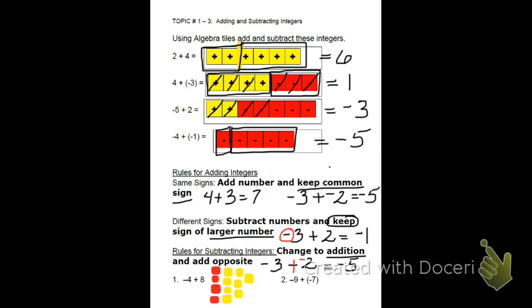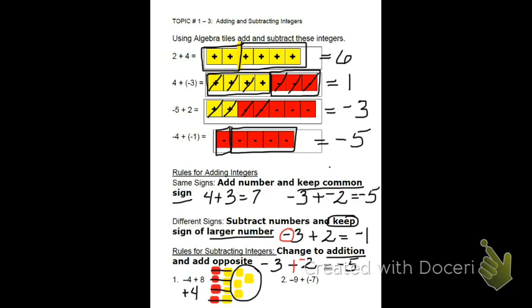If I have 4 negative tiles and 8 positive tiles, you're canceling out positives and negatives, pairs. What are you left with? The yellow meant positive, so you end up with a positive 4 being your answer.